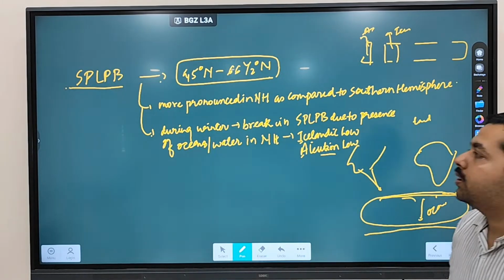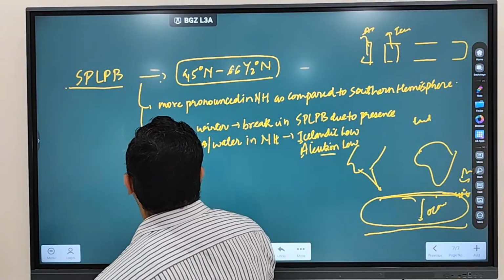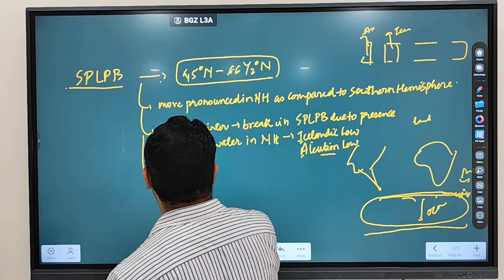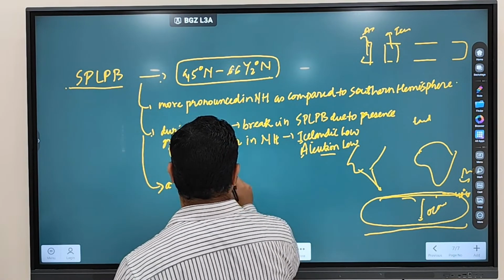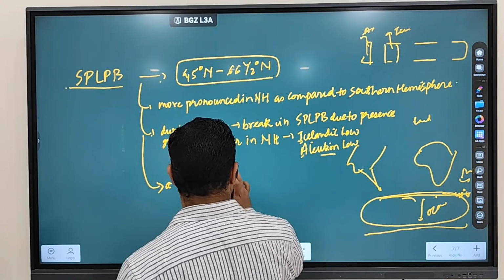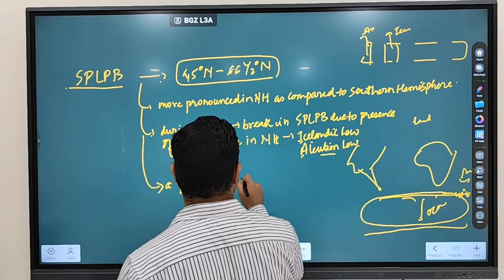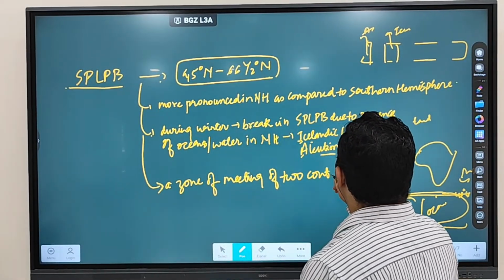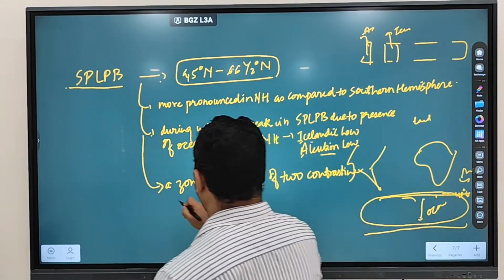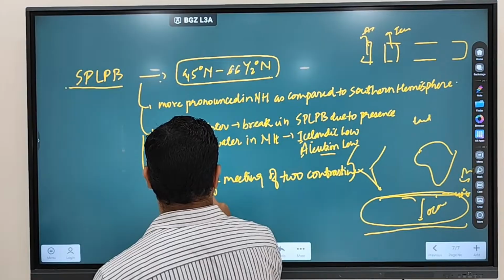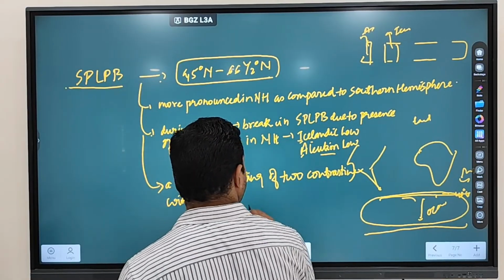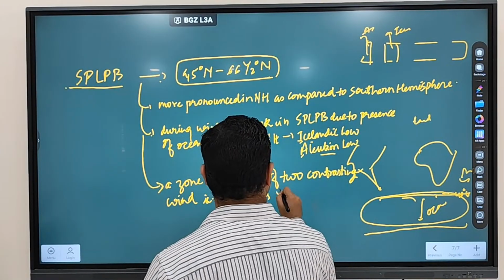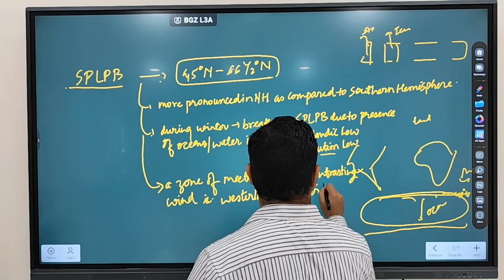Then you will also see the subpolar low pressure belt is also a zone of meeting of two contrasting winds, that is, westerlies and easterlies.